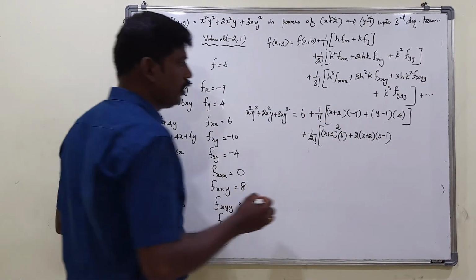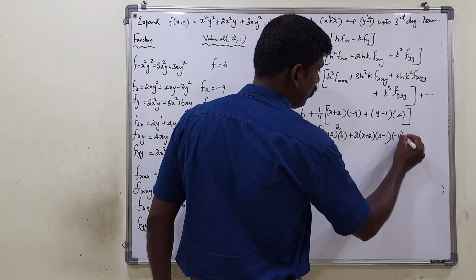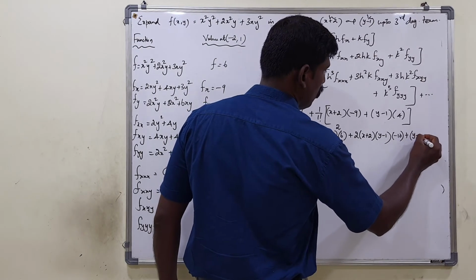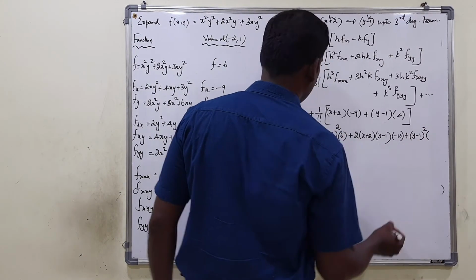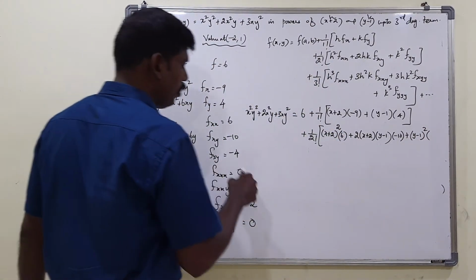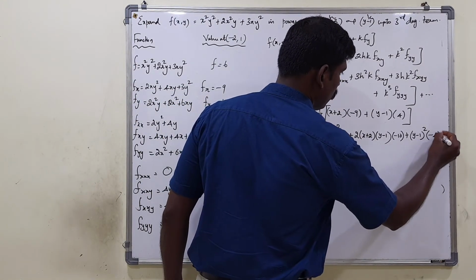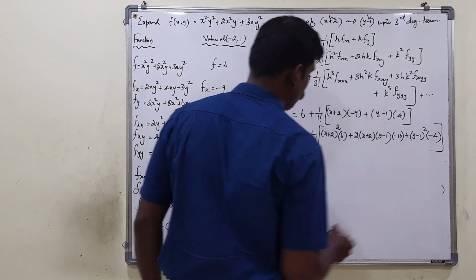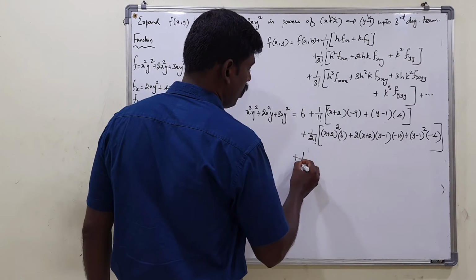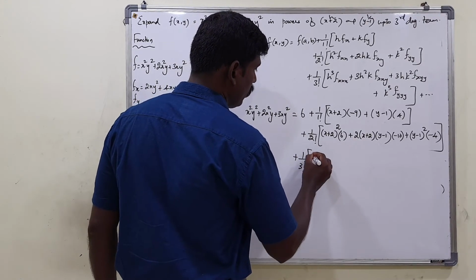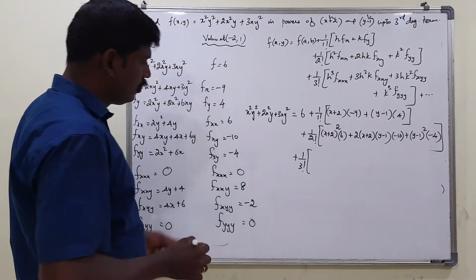Fxy is minus 10, plus (y−1) the whole square into f double y, minus 4, plus 1 by 3 factorial into here.